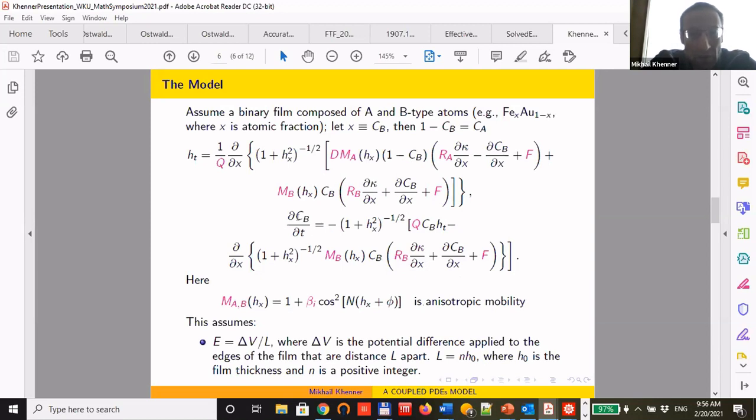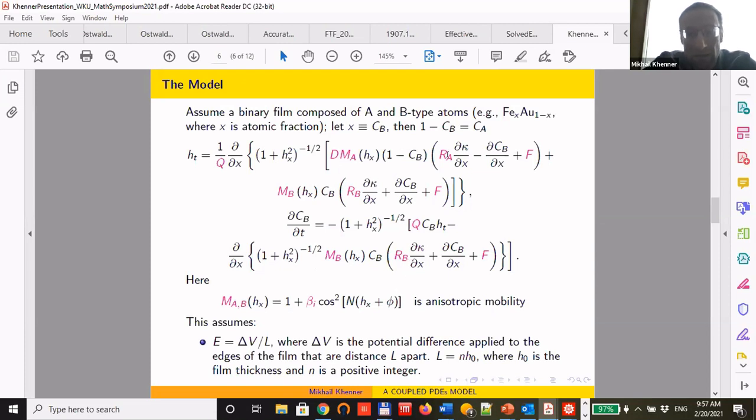The second equation for Cb is essentially a nonlinear Fickian diffusion equation with the electromigration effect accounted for through this parameter capital F, which measures the strength of the applied electric field. This F here multiplies the concentration, and then there is differentiation. So overall, this is a second order equation.